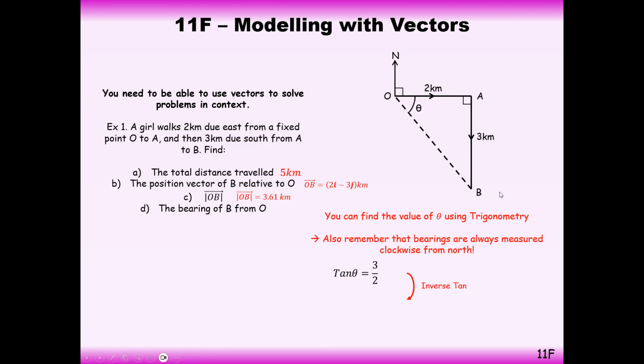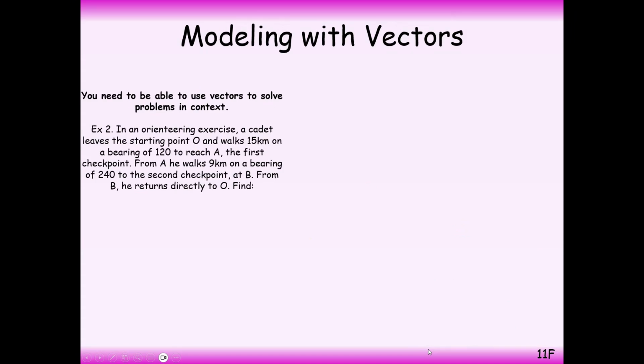You're going to use tan, and to find the angle, take the inverse tan of that ratio. 56 degrees is down here, and don't forget to add the 90 degrees to it, because after all, bearings are measured from the north line. I can't stress that enough. So there you go. Bearings need to have 3 digits, so you need to round this up or down, to 3 significant figures.